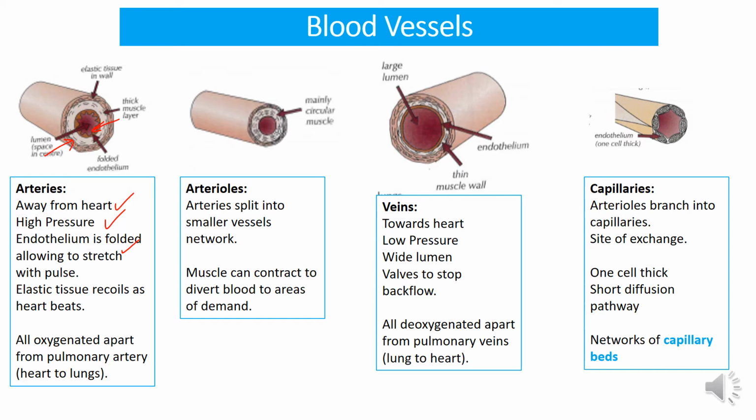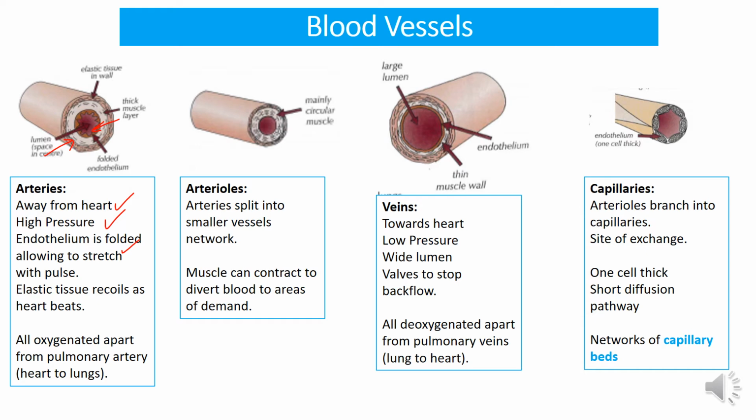Now what happens is the arteries get to the organs that are the exchange sites, and they split into smaller arterioles so they can completely surround the organs and areas of exchange.